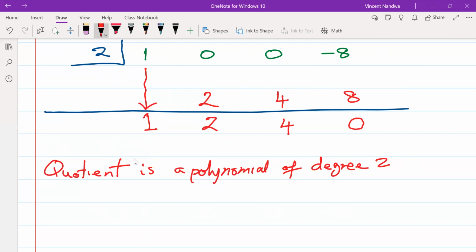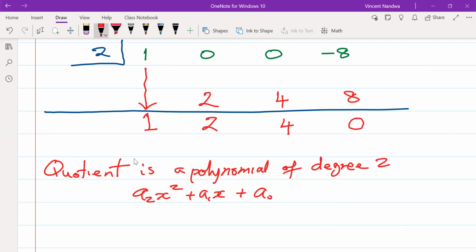And a polynomial of degree 2 takes this form, a2x squared plus a1x plus a0. Okay? This is the structure of a polynomial of degree 2 in x.